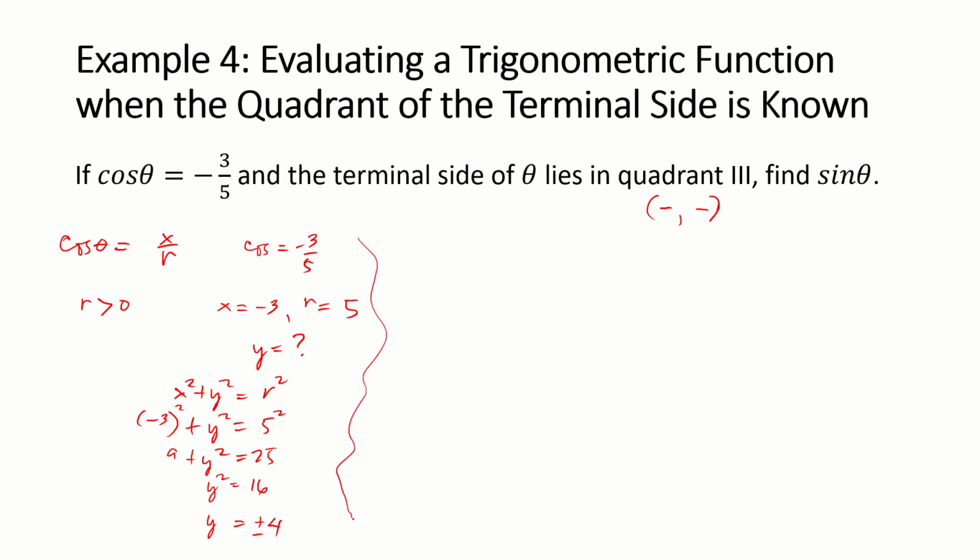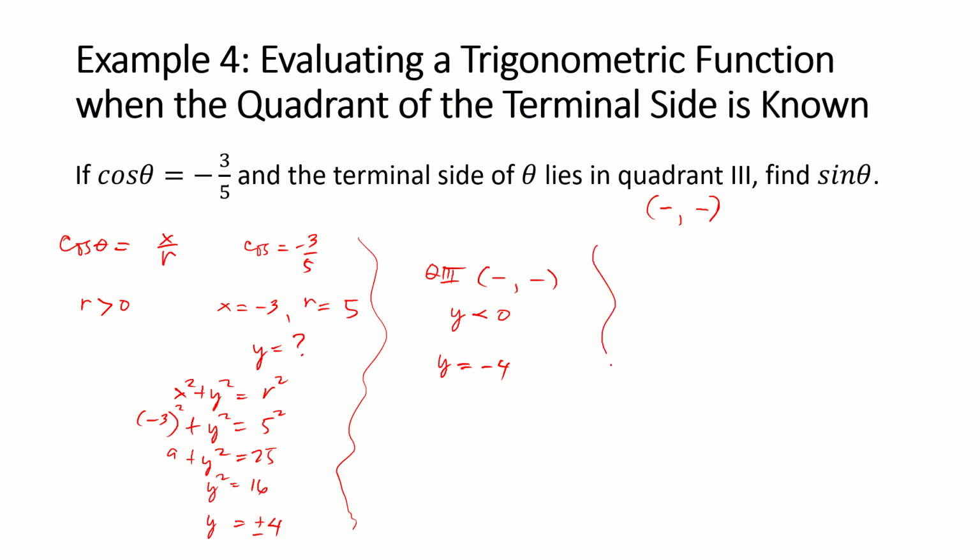But now, remember that the terminal side lies in quadrant 3, and the signs should be negative, negative. So in that consideration, y must be less than 0. That's why, instead of having positive or negative 4, we will only consider y as negative 4 and not positive anymore.